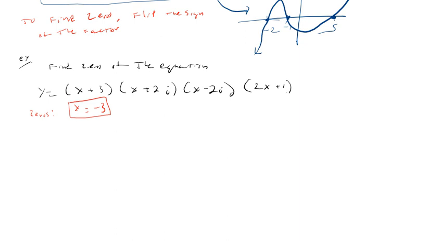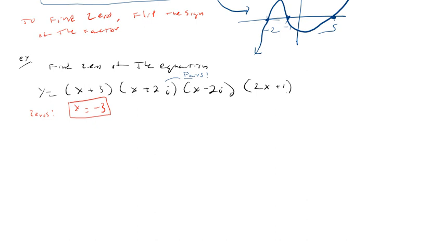In here, I have an imaginary zero. I have a 2i and I have a negative 2i. And again, these two always come in pairs. My answer works out to be the same.